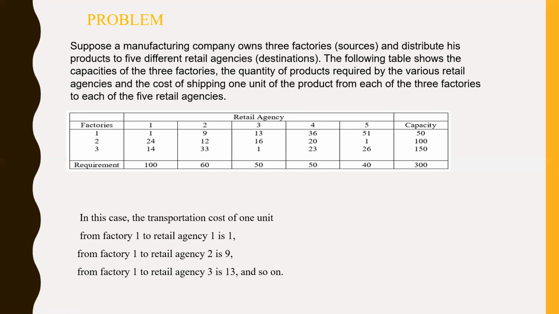So the above transportation problem provides the basic information, where we already saw that the capacities of factory 1, factory 2, and factory 3 are 50, 100 and 150, and the requirements are 100, 60, 50, 50, 40 for retail agencies 1, 2, 3, 4, 5 respectively.